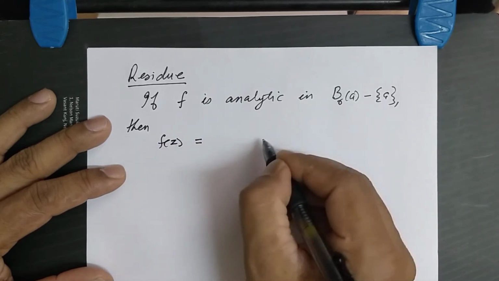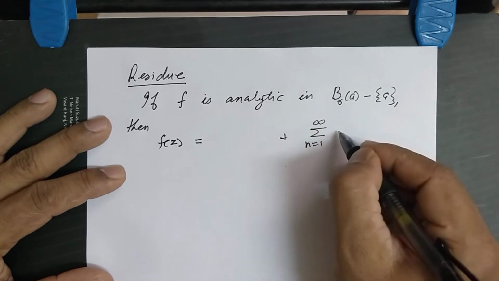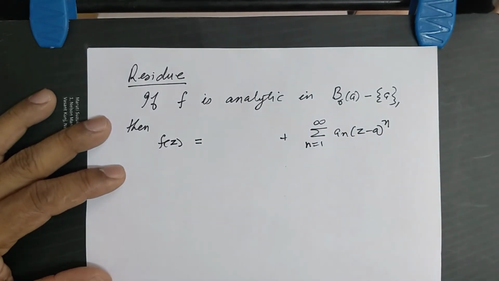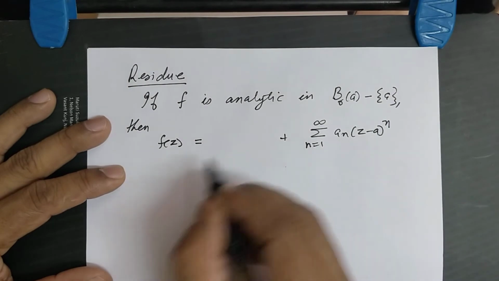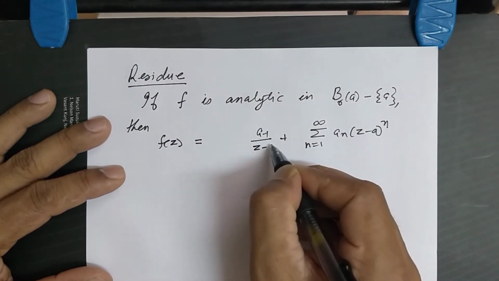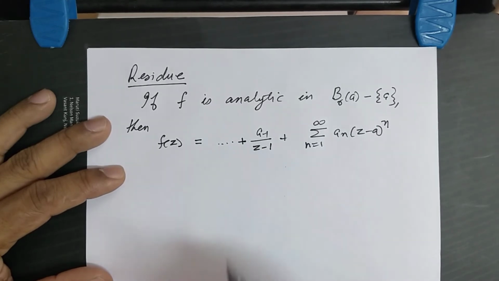F of z is equal to sigma n equal to 1 to infinity a n z minus a raised to n, and then there are terms with negative powers, so I have a minus 1 upon z minus a plus so on.